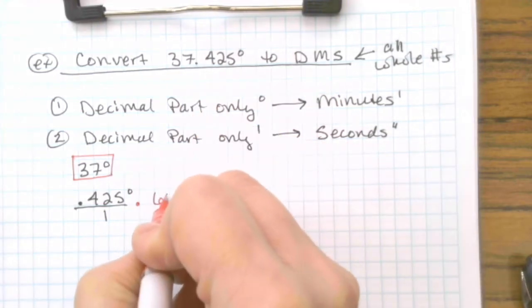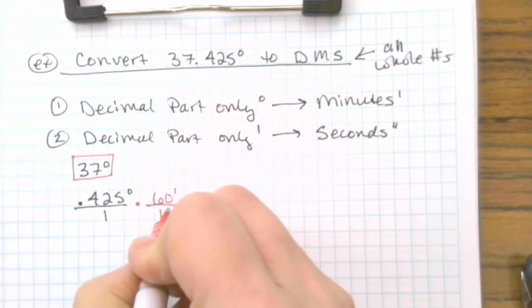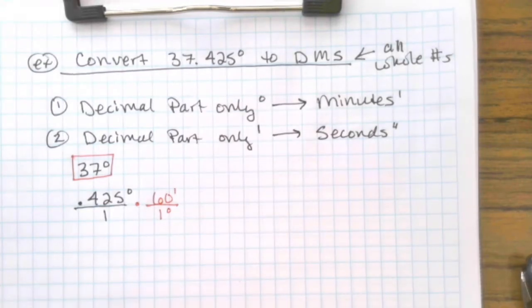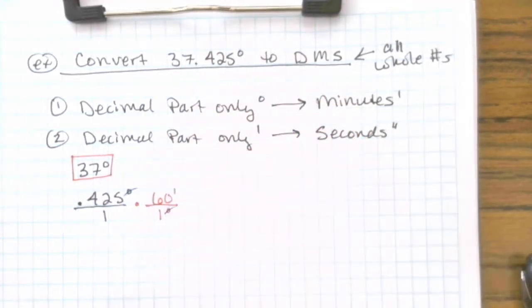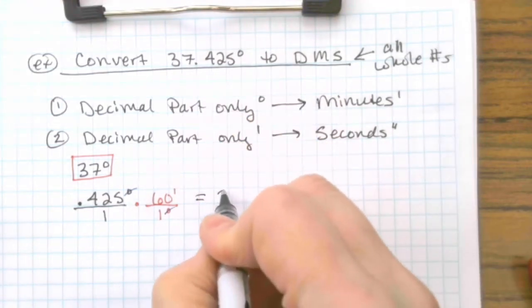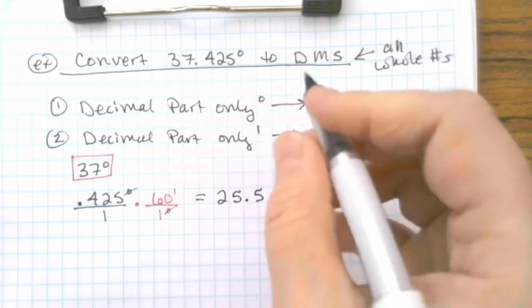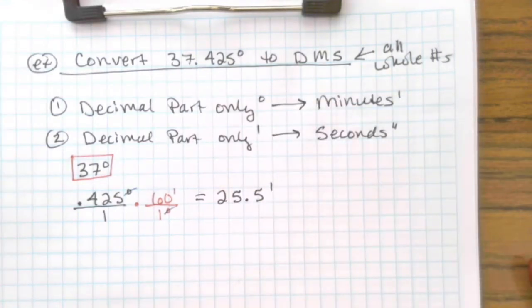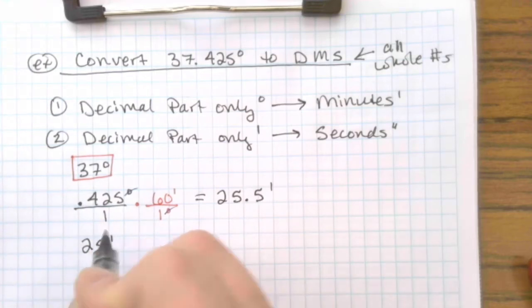So I'm going to put 60 minutes on top and 1 degree on the bottom so that degrees and degrees cancel. When you multiply 0.425 times 60, you end up with 25.5 minutes.